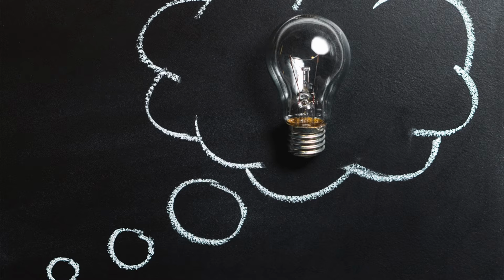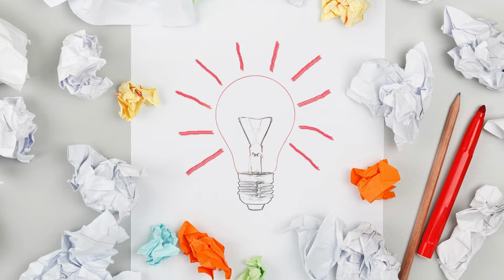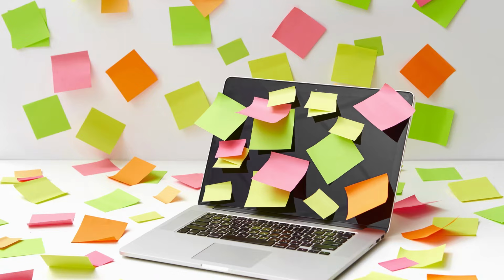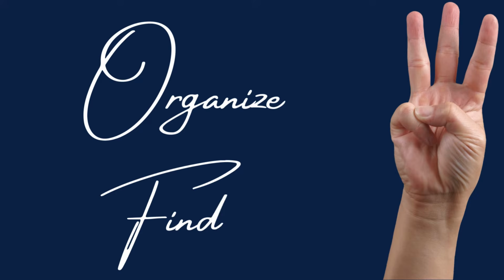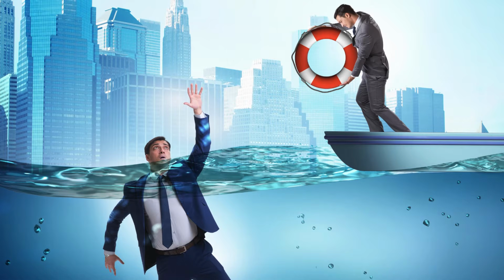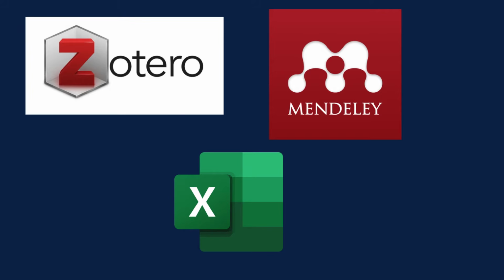Then the third thing that you're going to want to do in the step-by-step process is to organize your findings. Trust me, this will save your life later. You can use tools like Zotero, Mendeley, or Excel to track the articles that you read.